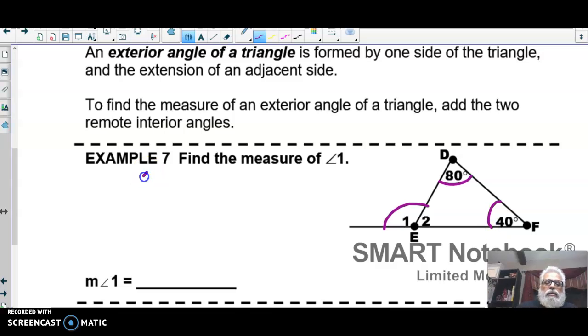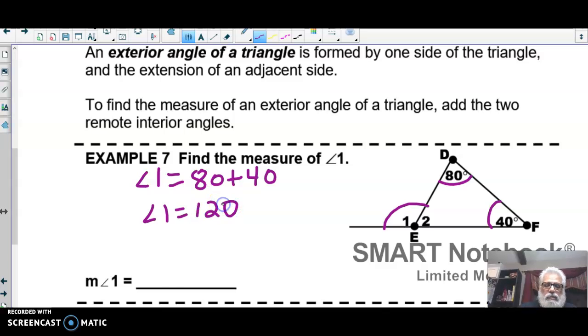So angle 1, since it's a remote angle, is going to be equal to 80 plus 40, which means that angle 1 is equal to 120. So for the exterior angle, all you've got to do is add up the two opposite angles and you have your answer.